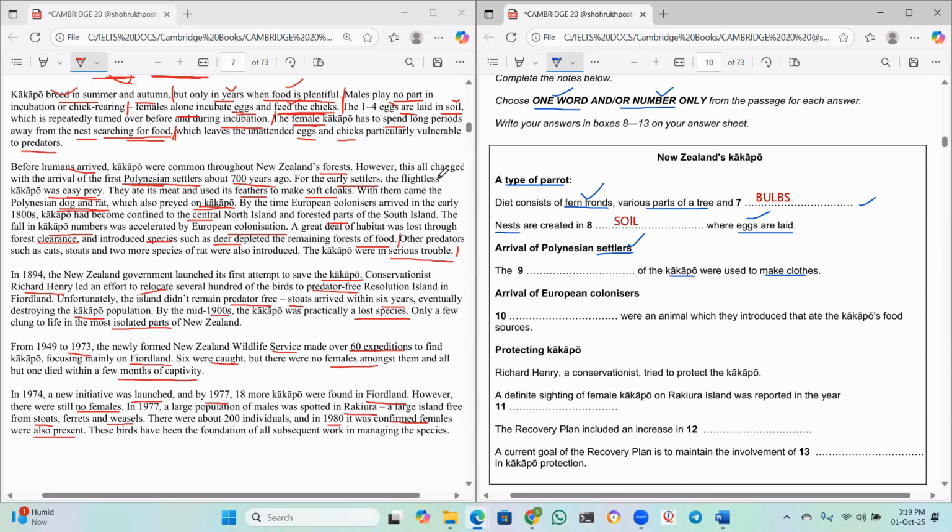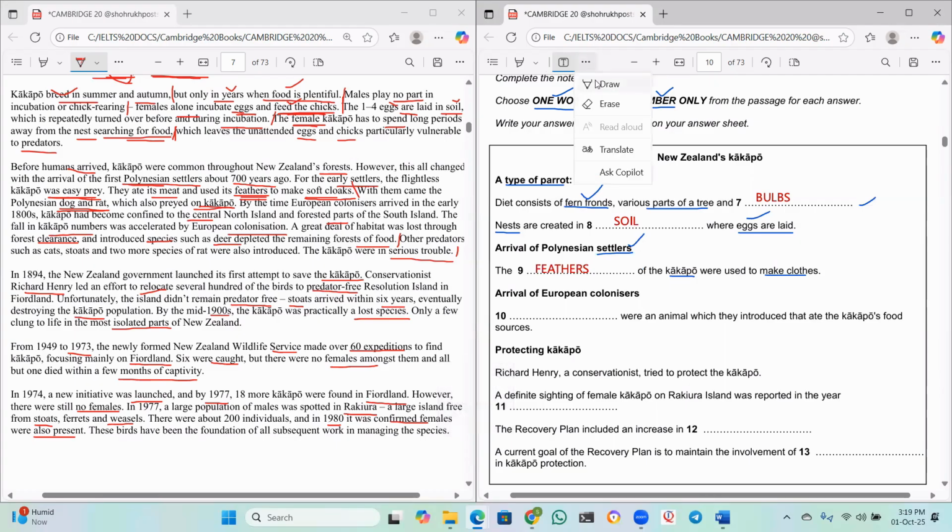For the early settlers, the flightless kakapo was an easy prey. They ate its meat and used its feathers to make soft cloaks. Cloaks means it's like a sweater, so this is the clothing he's talking about. They used its feathers to make cloaks. That is our answer, right? So they made clothes from feathers. So that is our answer, guys.